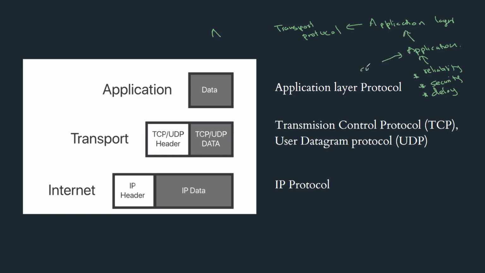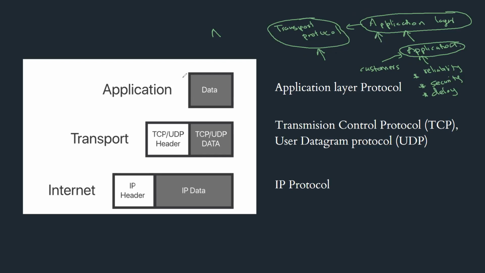Customers require some sort of performance from this application. Based on the performance that is expected, the application layer protocols are selected. And based on the application layer protocols and the application, the transport layer protocol is decided. So most of the time we decide the transport layer protocol after deciding the application layer protocol.